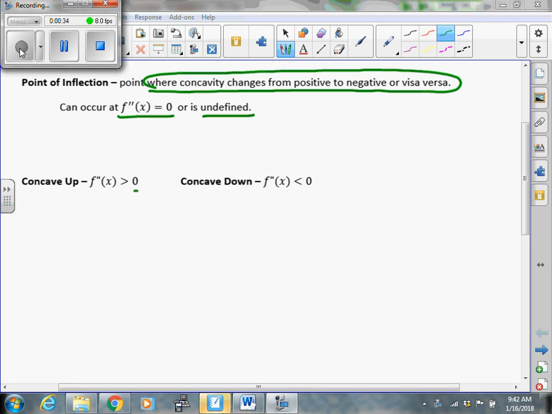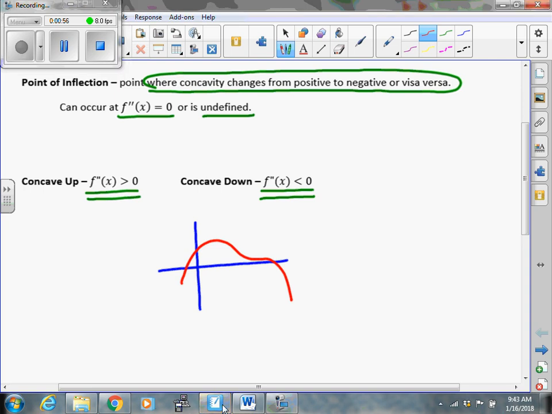If the double derivative is a positive value, you'll see a function that is concave up. If the double derivative is negative, you'll see it's concave down. A function that looks like this will have areas where the function changes its concavity.